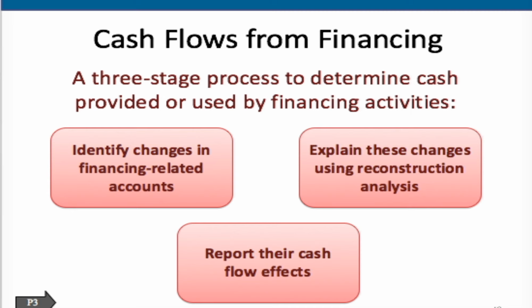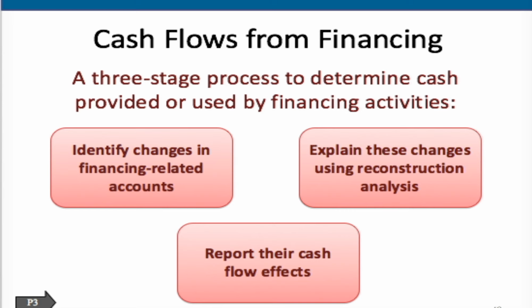These accounts include long-term debt, notes payable, bonds payable, common stock, retained earnings, etc. Changes in these accounts are then analyzed using available information to determine any effect, if it exists, on cash. Results would be reported in the financing activities section of the statement. Reporting of financing activities is identical under either direct or indirect methods.